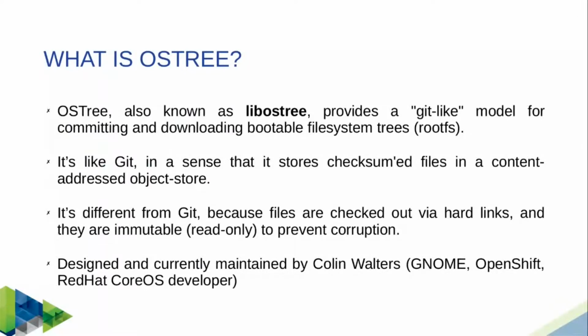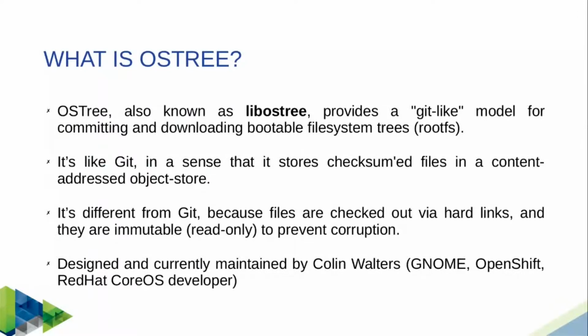You can commit versions of your file system in this repository, and you can check out versions of this file system. So every time you have a new version of a file system, you just commit to this repo, and then you can check out at any time. That's basically how Git works, right? So it's pretty much the same concepts.